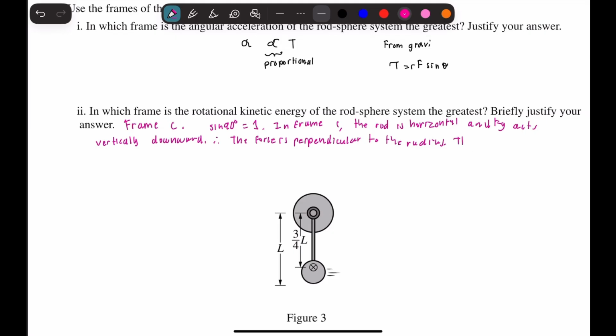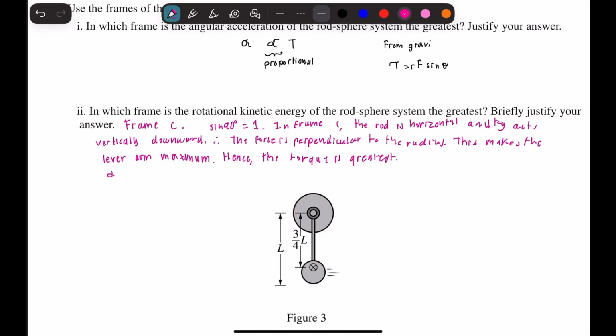And this makes the lever arm maximum. And hence, the torque is greatest.